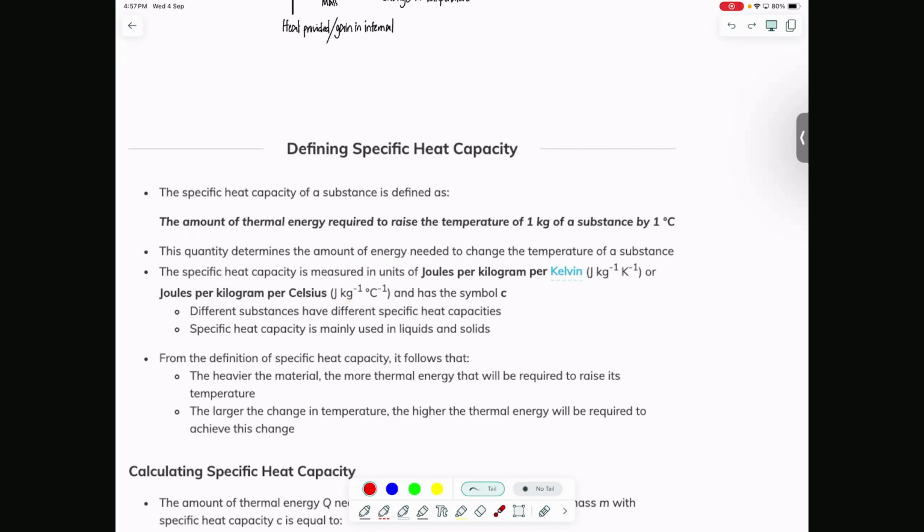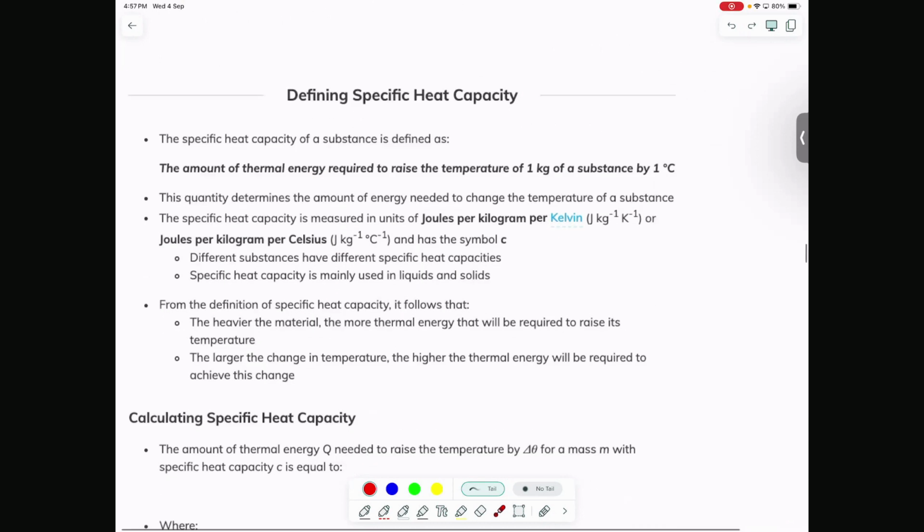So these two values are the same. Does anyone remember why? Your specific heat capacity in degree Celsius and in Kelvin will give you the same value, because the change in degree Celsius and the change in Kelvin is the same. Do you understand what I mean by that? I'll explain. Don't worry about that.